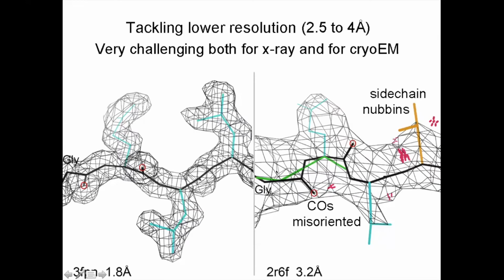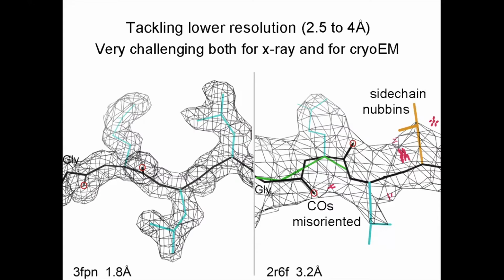But at 3 angstroms or lower, they just fade back into the tube, and you can't really tell from the map which direction the carbonyl oxygen is going. And that's bad because that, and the C beta, are the keys to how you fit each peptide.